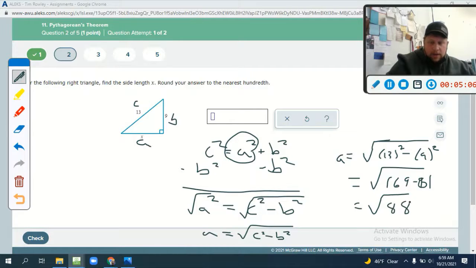And now the answer tells us to round to the nearest hundredth. So we know we're going to need to actually do the square root. So function square root 88, which is approximately 9.380. I'm always going to take it out to the thousandth.